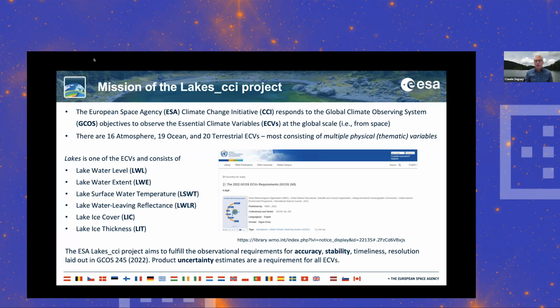One of them is lake water level, then there's lake water extent, lake surface water temperature, lake water leaving reflectance, lake ice cover, and lake ice thickness. And so what the project aims to do, based on the GCOS requirements, is to try to fulfill some of these requirements in terms of accuracy, in terms of stability of the measurements over time, because we're building time series. And of course, we need to document the uncertainty of each of the variables that we provide.